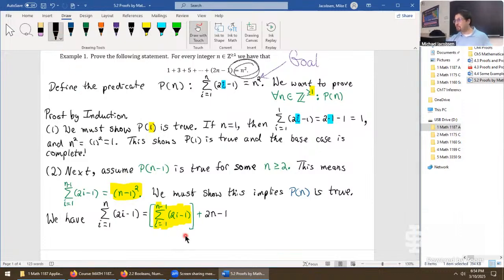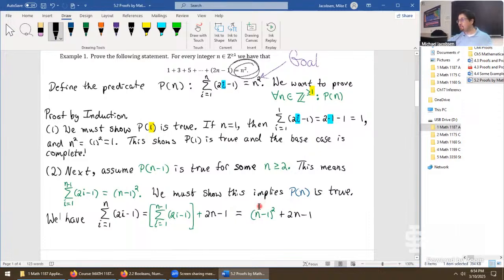So with that substitution, we get n minus 1 squared. Let me actually drop the yellow. That looks kind of hard to read on my screen here. So just a direct substitution plus 2n minus 1 gets us to this result.